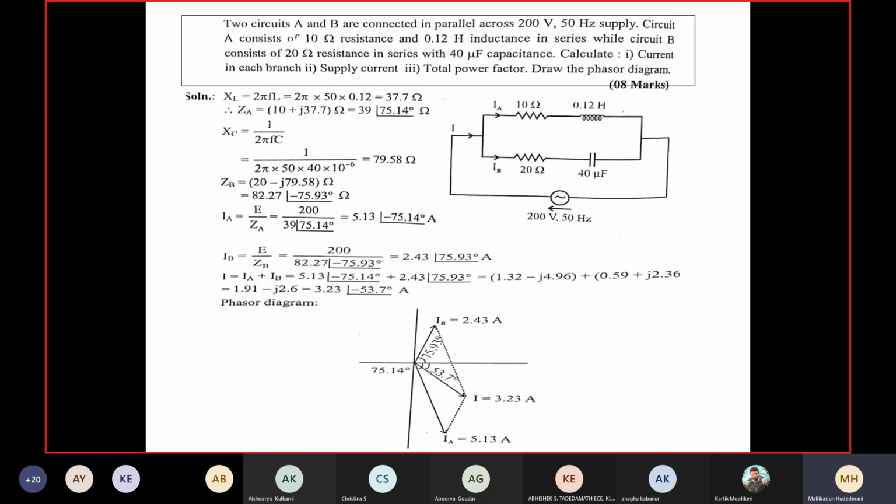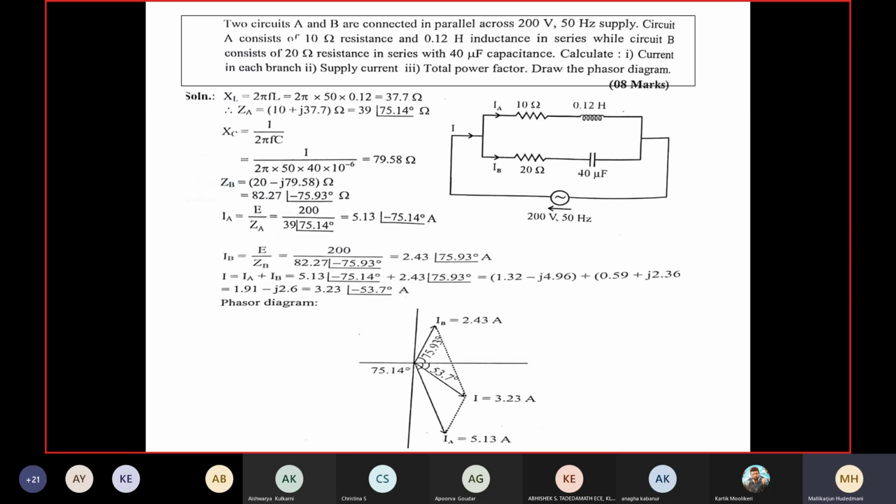Circuit B consists of 20 ohm resistance in series with 40 microfarad capacitance. You have been given two branches, branch 1, branch 2, with the data. Calculate current in each branch, supply current, total power factor, then draw the phasor diagram. Is it the same work we have done in the previous problem? Exactly similar work we have done.